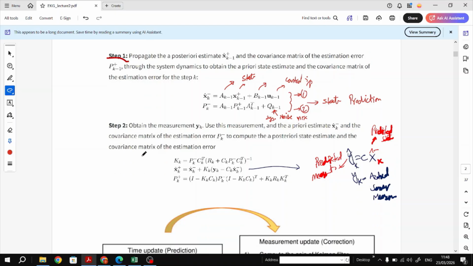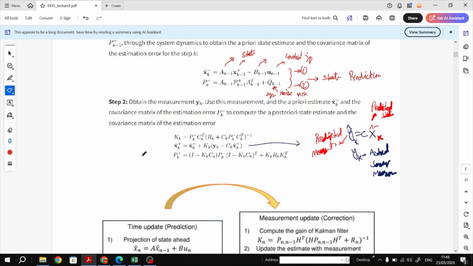Let's see step number 2. Once you predict your state and get the predicted error covariance matrix, and when you get the measurement from the sensor for your state, you can update your states. In the update of the states, there are three equations.